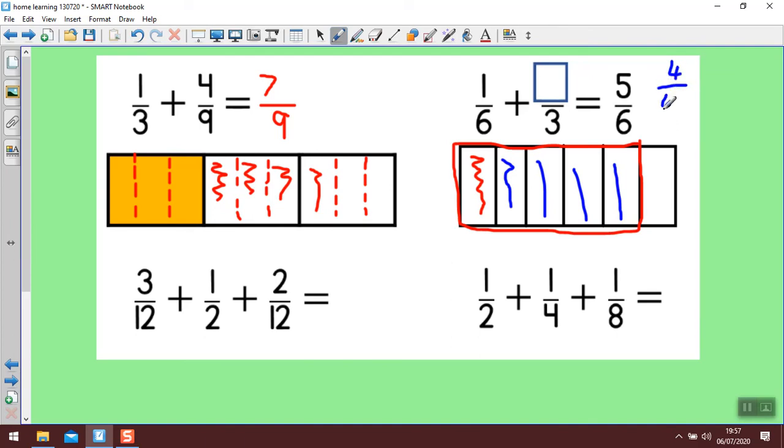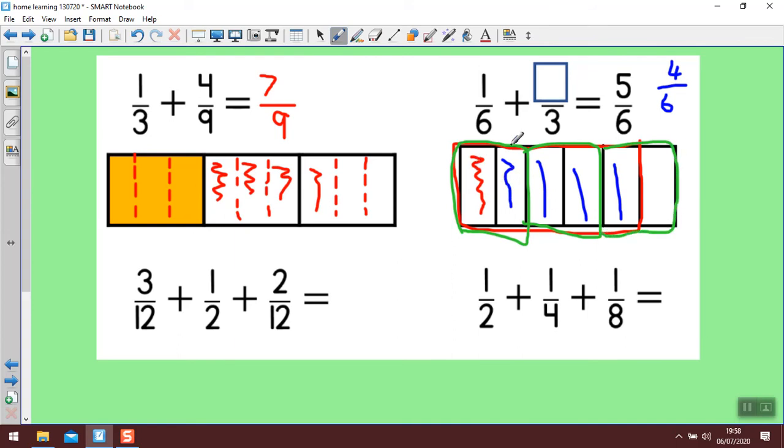So 4/6 is what I added, but how many thirds is that? Well, if you notice, this whole bar here could be split into 3 sections. Let's do it now. So that's 1 section, that's 2 sections, and that's 3 sections.